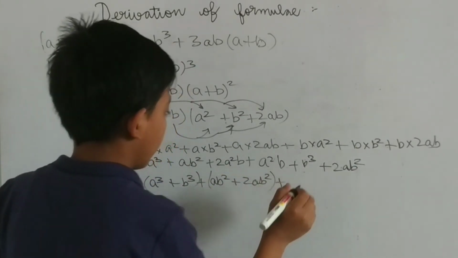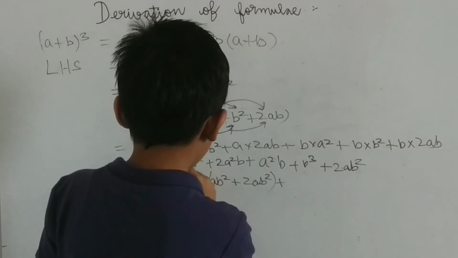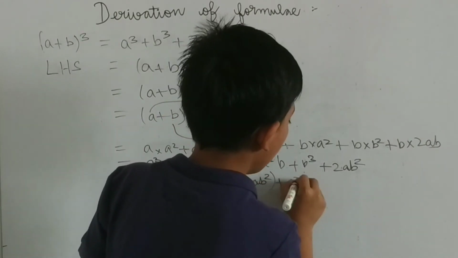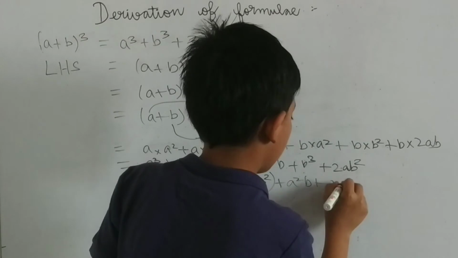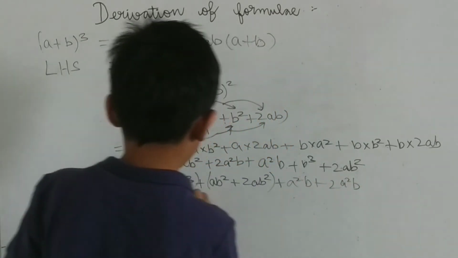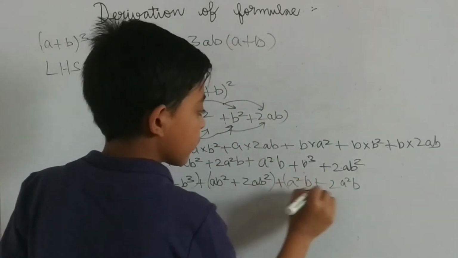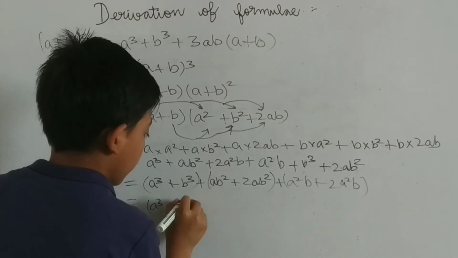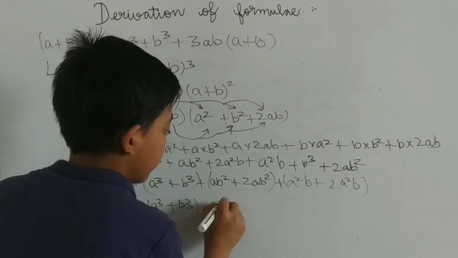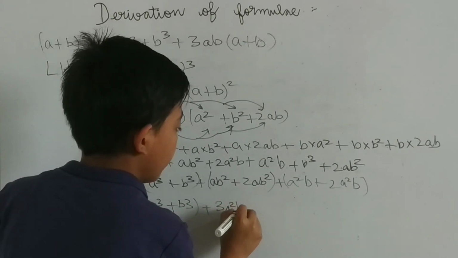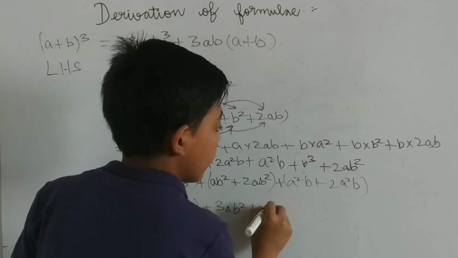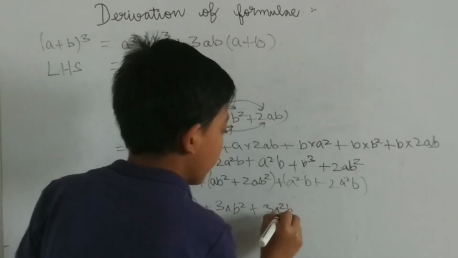Here we will again pair. Now a²b + 2a²b. Now a³ + b³ plus this will be 3a²b, 3ab².